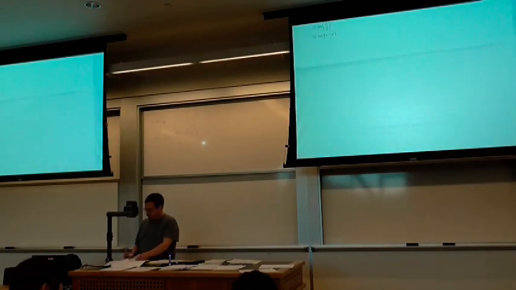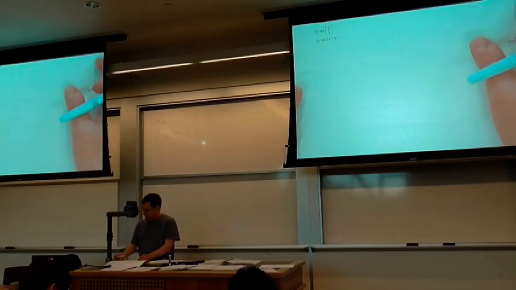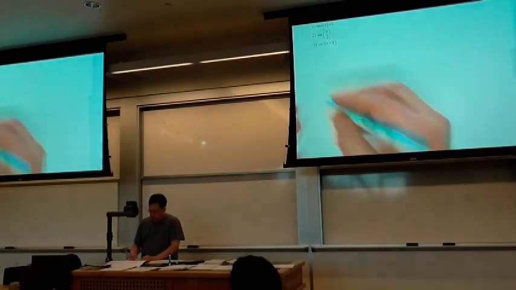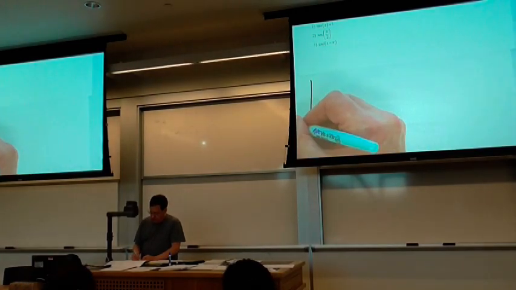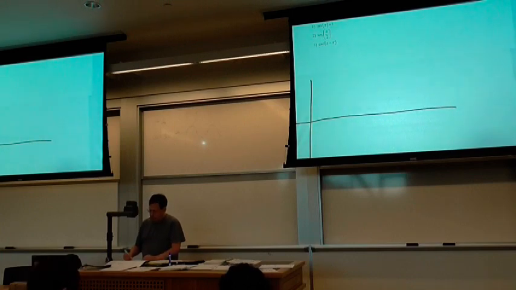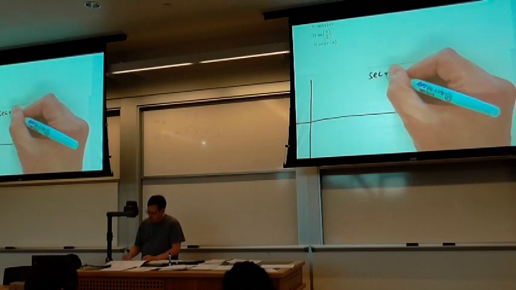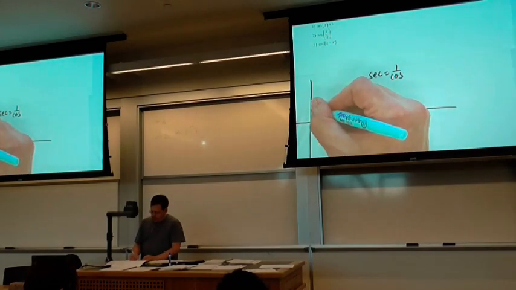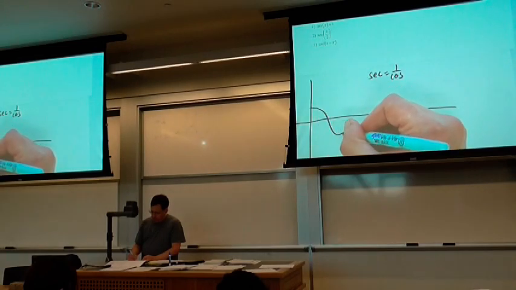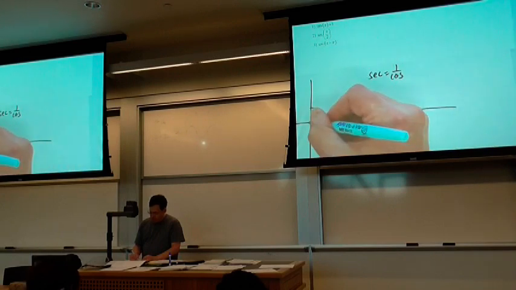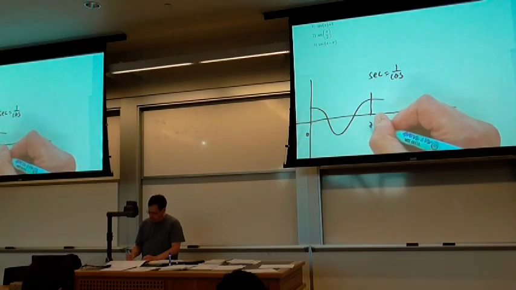Second one, secant of x over 2. Let's try and draw a secant here, and we're going to try another little sneaky, elegant way to do this. The secant is 1 over the cosine, so it might help to start by drawing a cosine function. That's going to go from 0 to 2 pi.